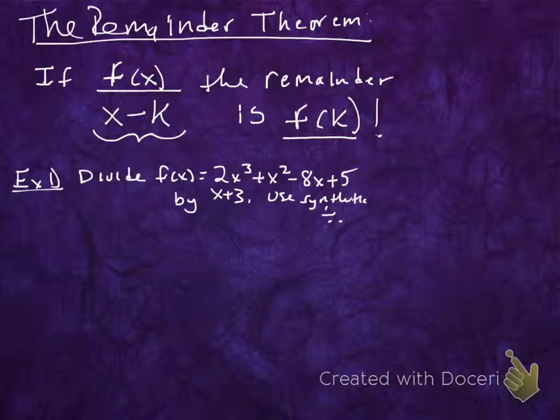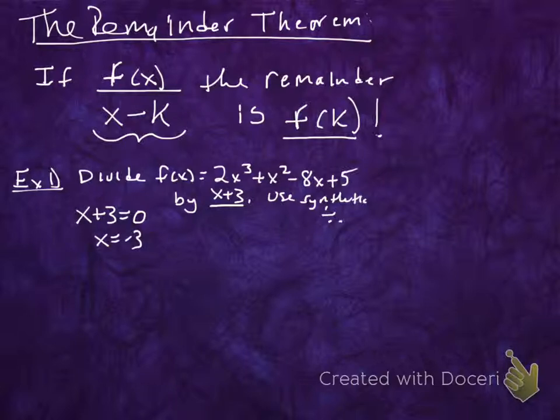The first thing that students might make mistakes on is this. When you look at your divisor, x plus 3, you have to make sure it's of the form x minus k. You might be thinking, I'm not subtracting something from x, I'm adding. Well, you can think of the k value as just the zero of that factor. So x plus 3 equals 0 when x is negative 3.